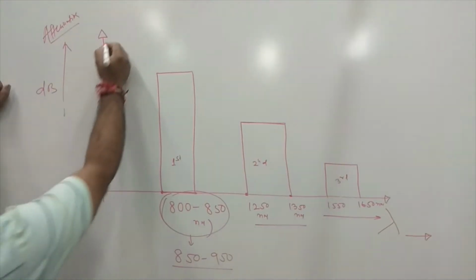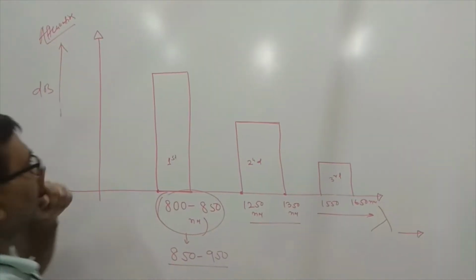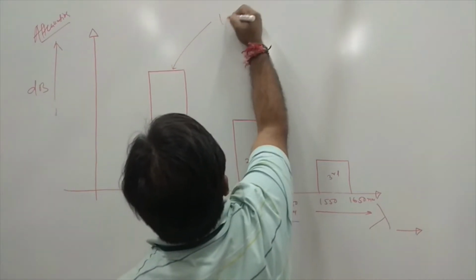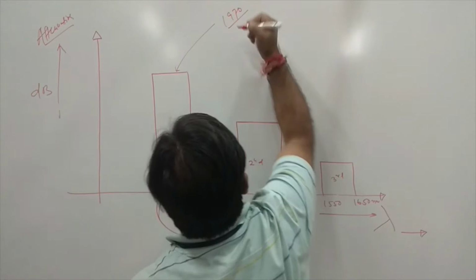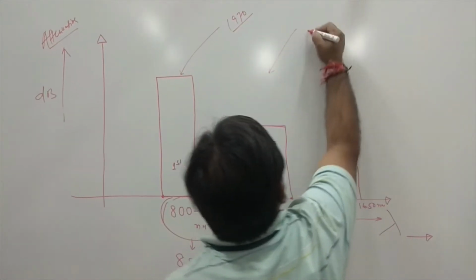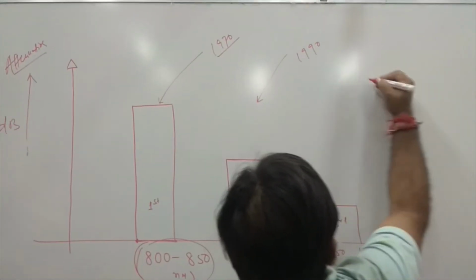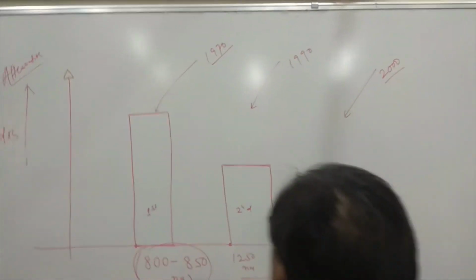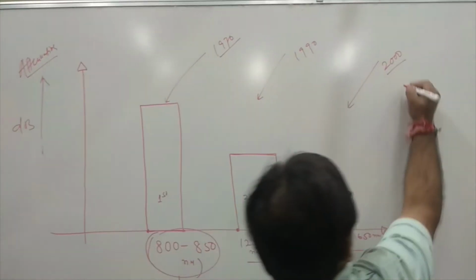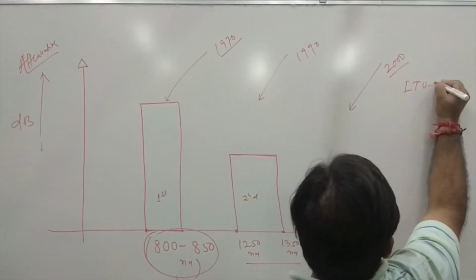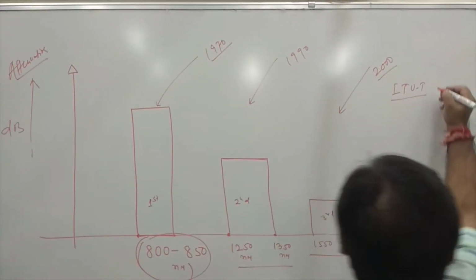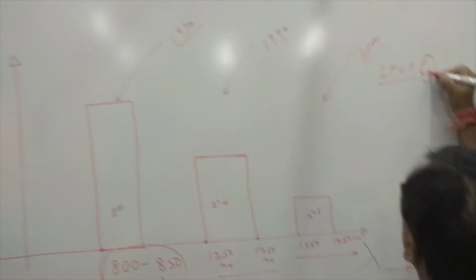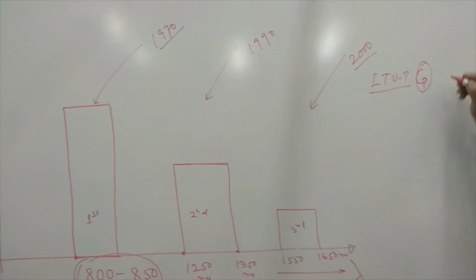So in the first case, when this window was supported in the 1970s, this is near about the 1990s, and this is near about 2000. Windows were proposed by ITU-T, International Telecommunication Union, and all the standardization of optical fiber communications is done with the G series.